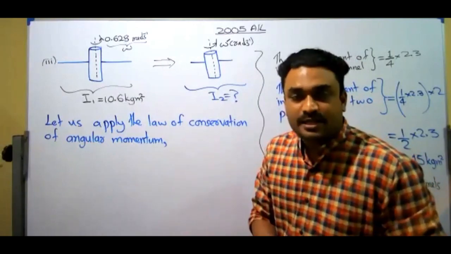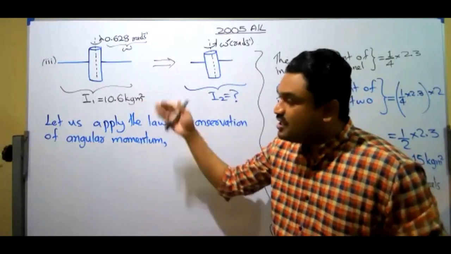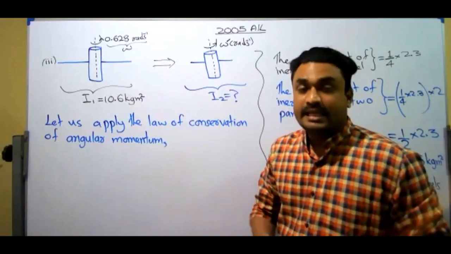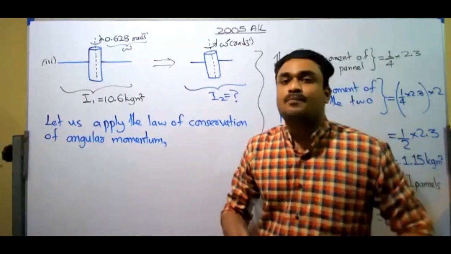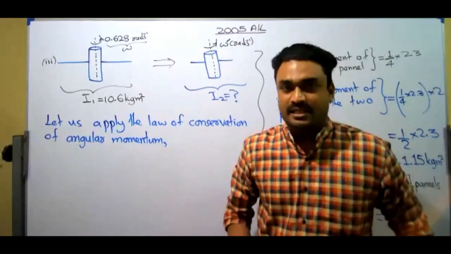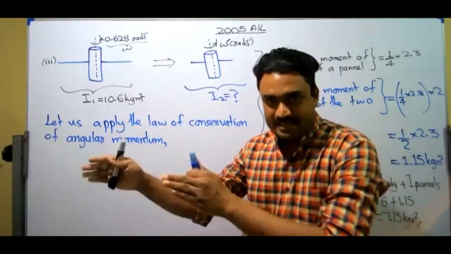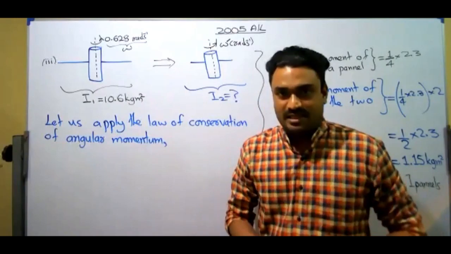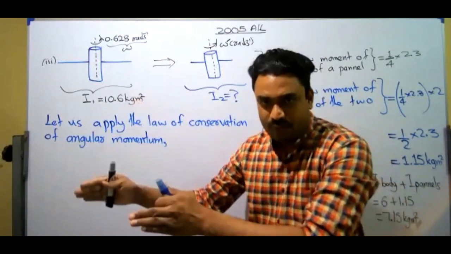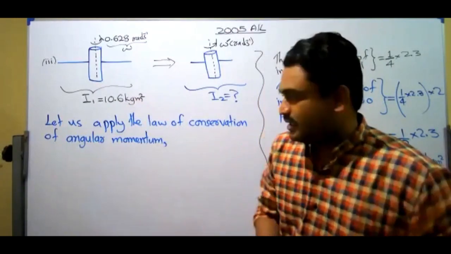Angular momentum is the product of moment of inertia and angular velocity. Linear momentum is the product of mass and linear velocity. Angular momentum, moment of inertia into angular velocity.